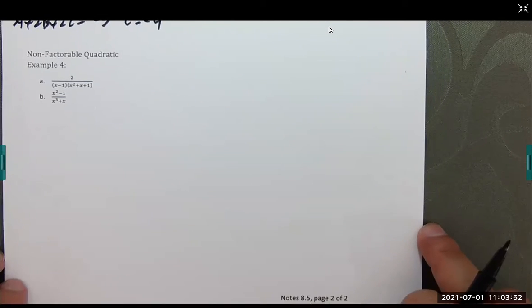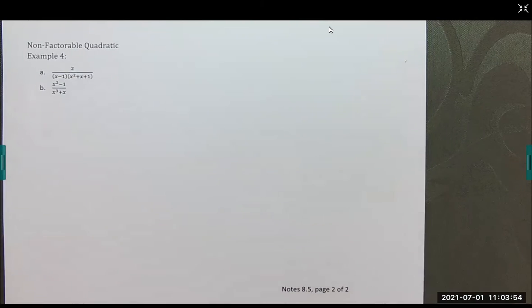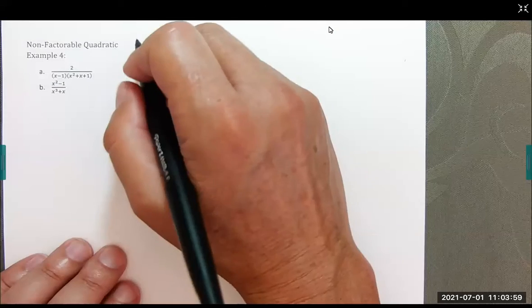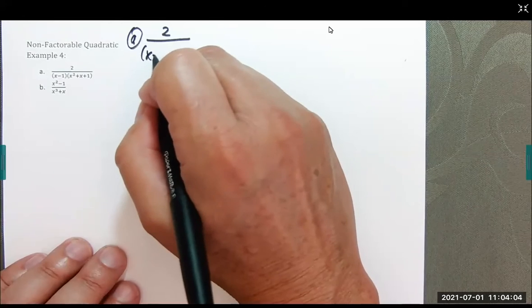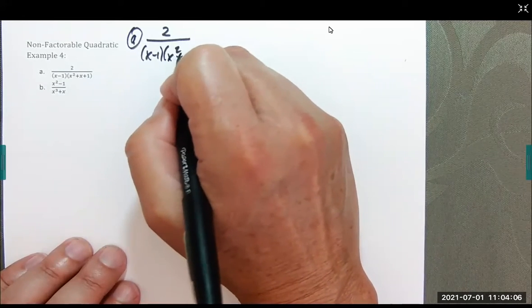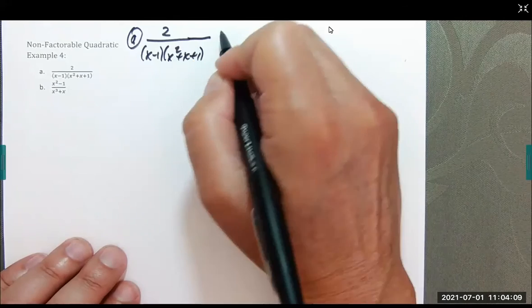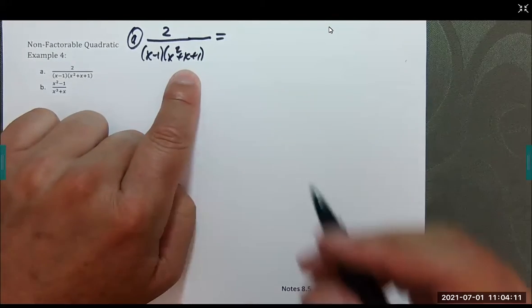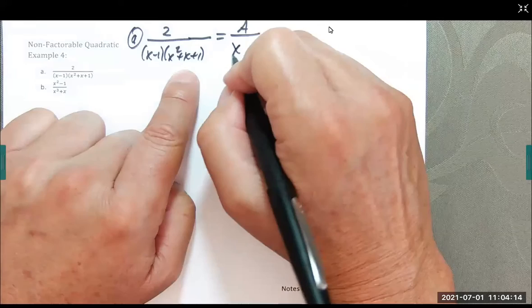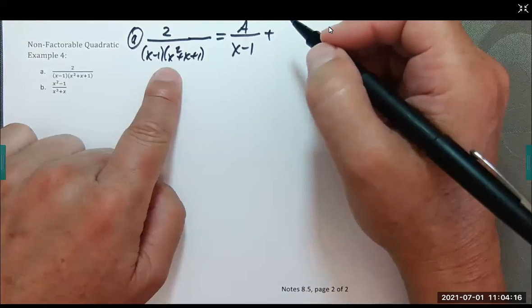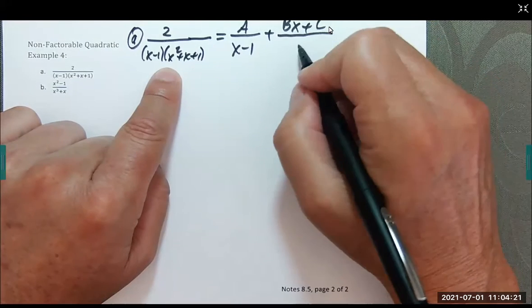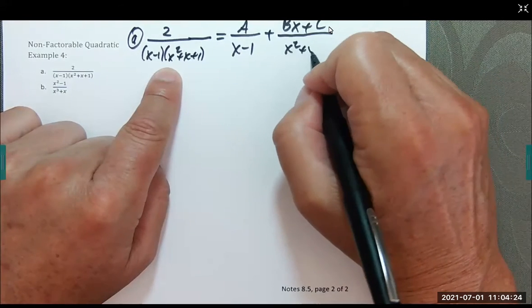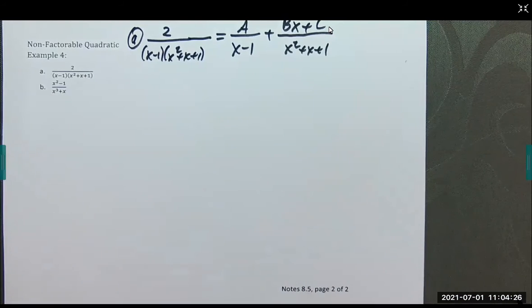Now we've got a couple more. What if we have non-factorable quadratics? Well, let's take this first one here. We have 2 over x minus 1, x squared plus x plus 1. And when we have a non-factorable quadratic, because it's a quadratic, we need to end up with a potential linear term above it. And now I'm going to multiply through by the LCD again.